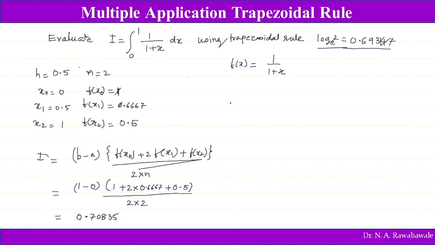Now here we can find the true error, because the true value is known.